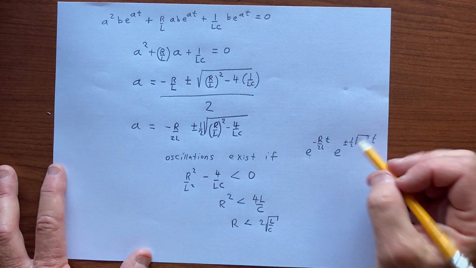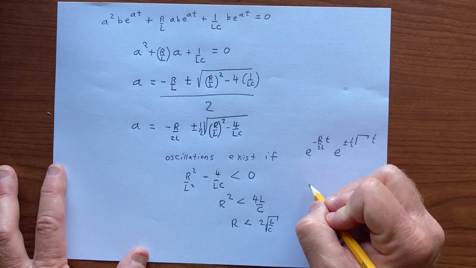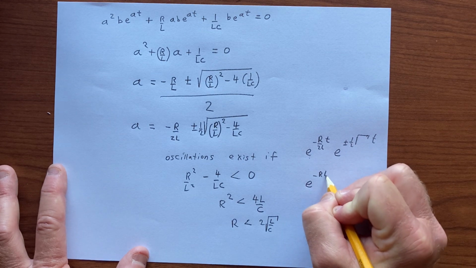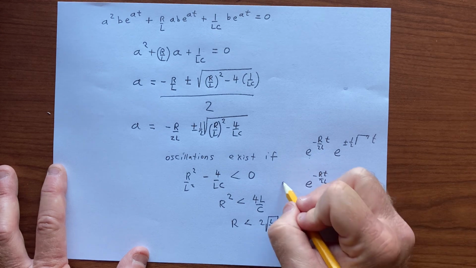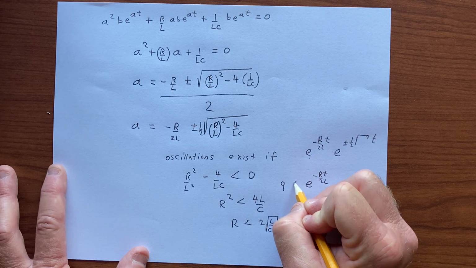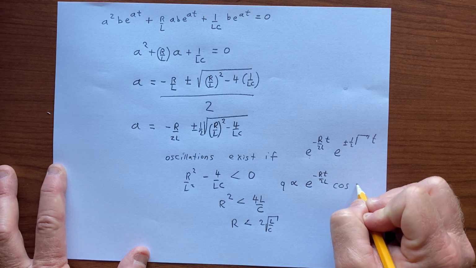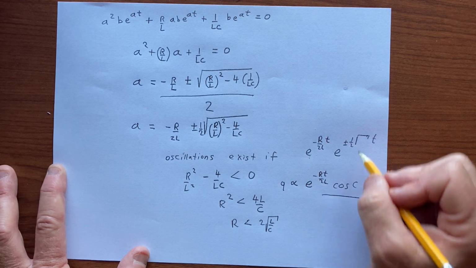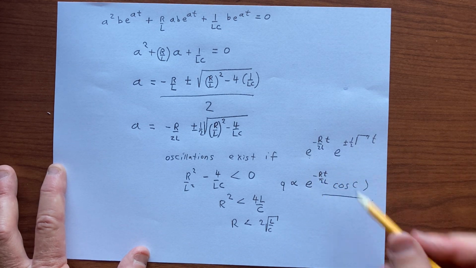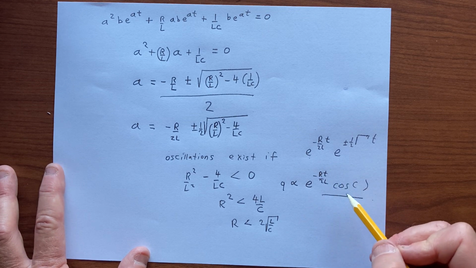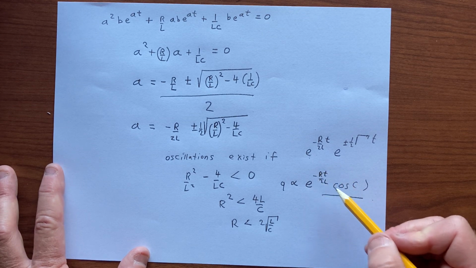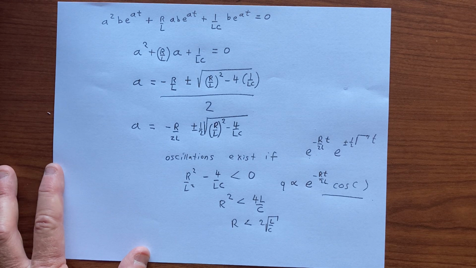It could be i, and so that could involve a cosine. So you could get a solution that looks like this. You can't get rid of the exponential decay, so the Q is proportional to this times a cosine function there, if this is imaginary. And so you have at the same time oscillations, but exponential decay. And we'll explore that.